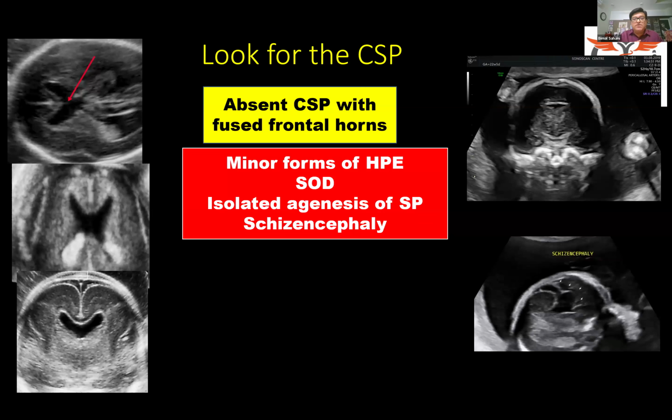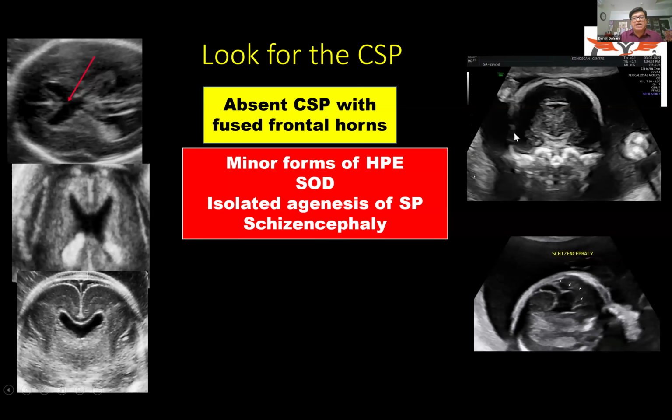Then, when you're looking at the CSP and you find that the CSP is absent, but it is associated with fused frontal horns, that can be because of minor forms of holoprosencephaly. Here you can see that the interhemispheric fissure in the frontal aspect is absent, and there's just a communication that you see in the frontal horns.